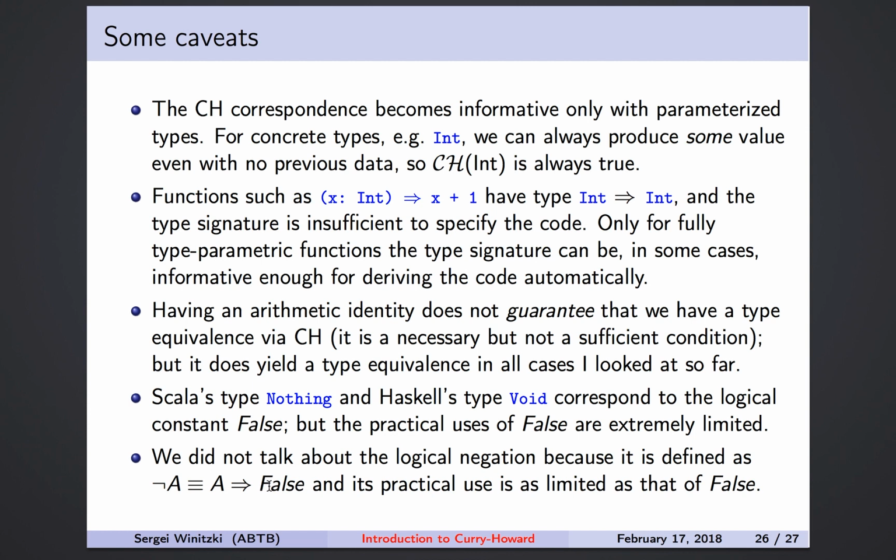Now, since you cannot ever get false in a programming language, you cannot really implement this function in any useful sense. I have seen some Haskell library that used this type Void as a type parameter in some way, but certainly it's a very limited and rare use. And so it is not really illuminating to include negation. You could probably find some very esoteric uses of it, but almost never useful.